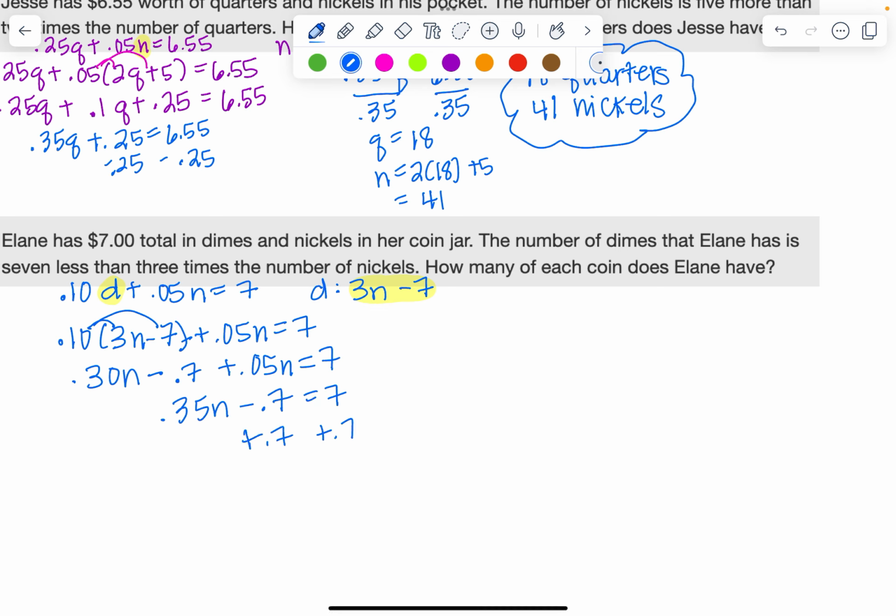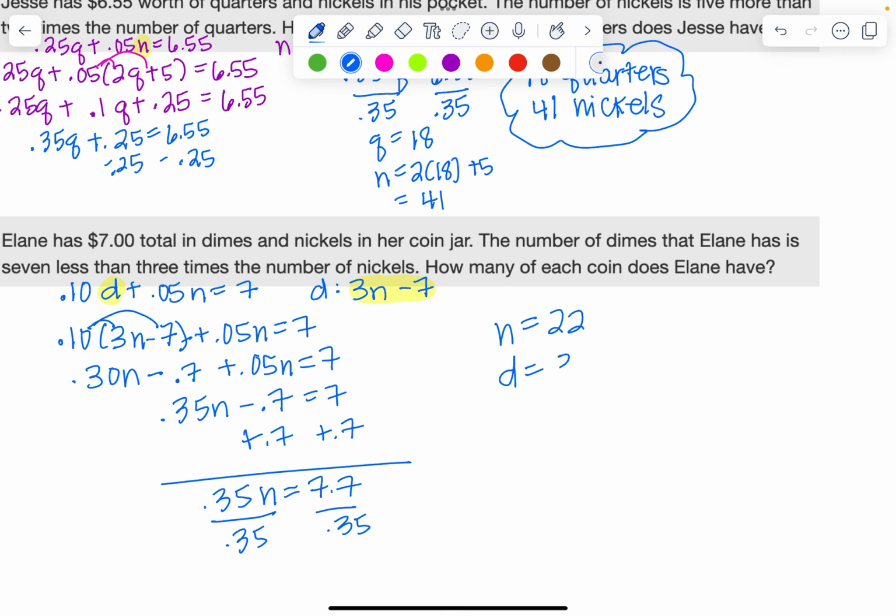Adding 0.7 to both sides, we get 0.35N equals 7.7. And then dividing both sides by 0.35, we would get that N is 22.